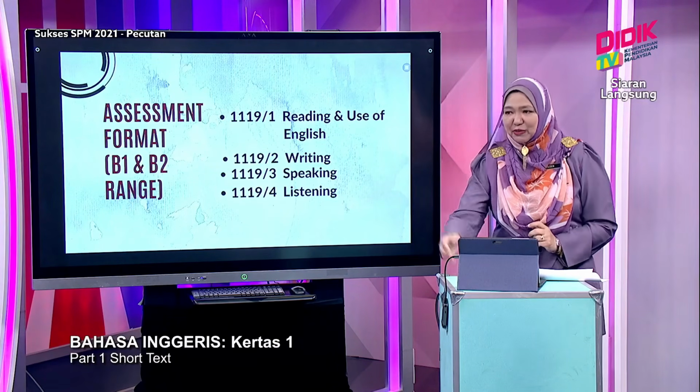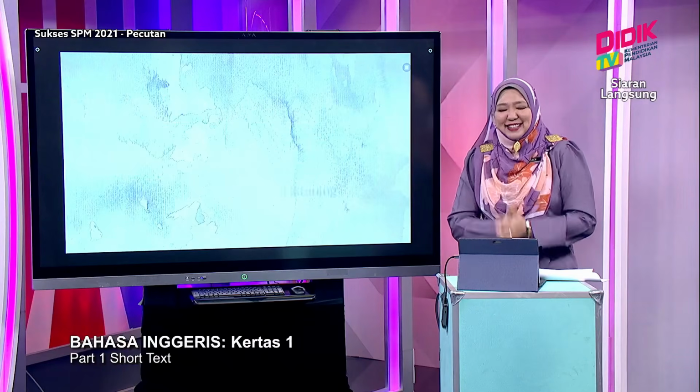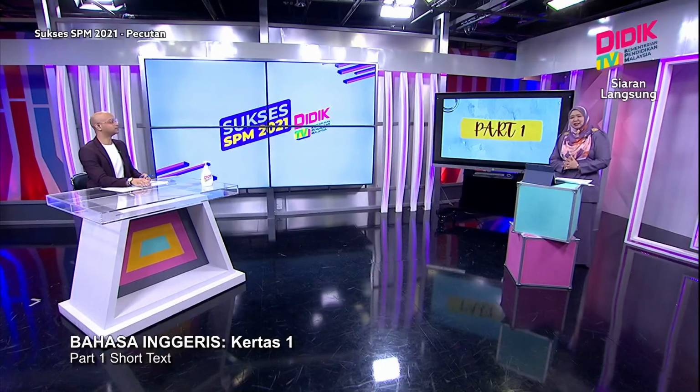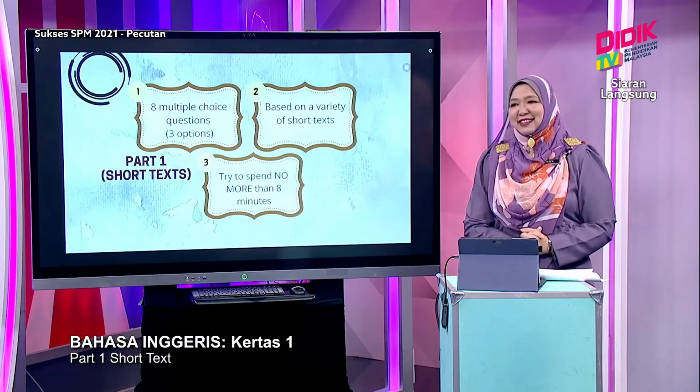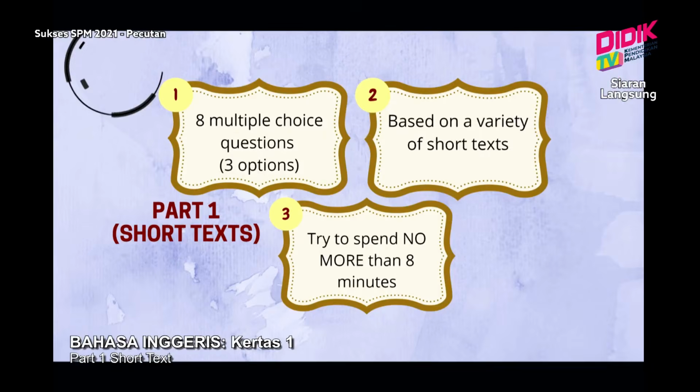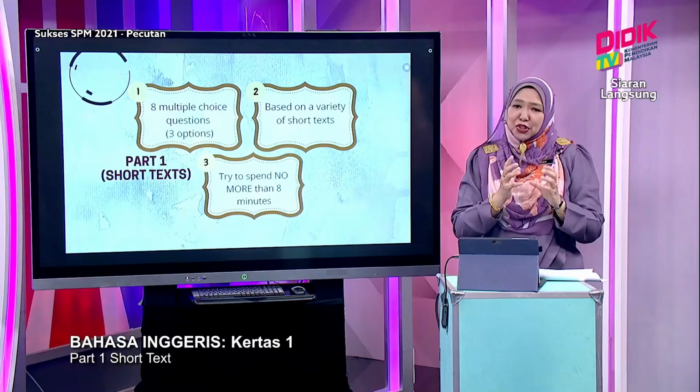I'm going to start off with the very first part of our paper, which is Part 1. Part 1 consists of 8 multiple choice questions with 3 options, which are A, B, and C. The 8 questions are based on a variety of short texts, such as advertisements, news reports, and sometimes extracts of short stories.